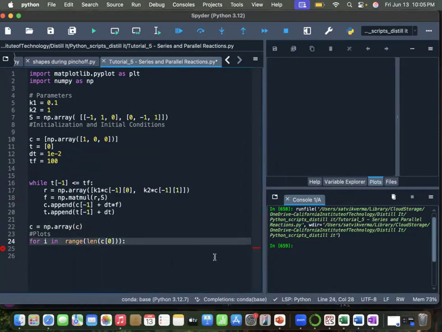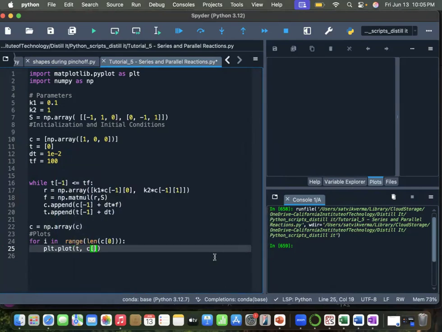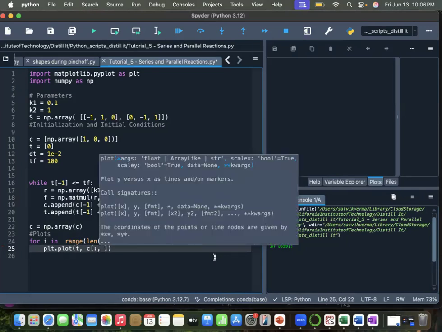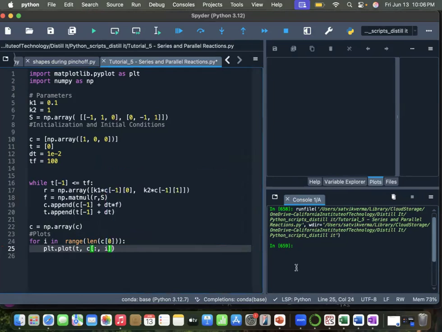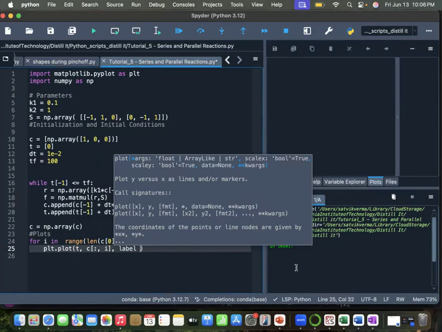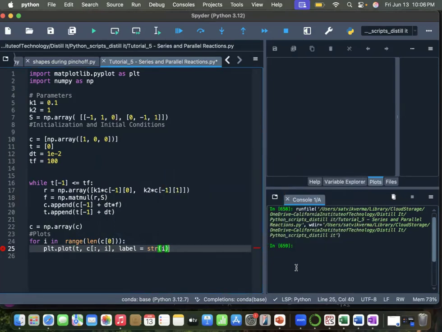So C equals to np dot array C. And after that, we'll say plt dot plot t comma C. And now we are going to evaluate everything. Like we are going to say all rows, because all rows means all time points, comma the ith column. So ith column represents A, B, or C, right? So, and label, we could just put anything right now. So let's just put it as string I, right?